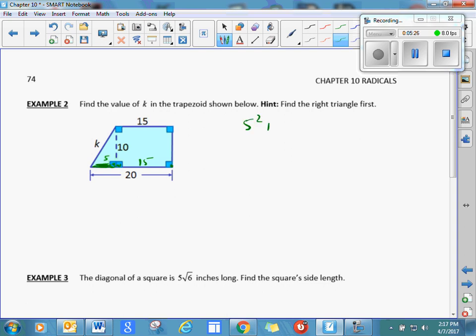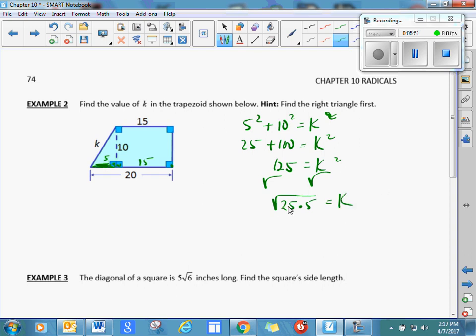So 5 squared plus 10 squared is equal to k squared. 25 plus 100 is equal to k squared. 125 is equal to k squared. Square root, then we get the square root of 125, which happens to be 25 times 5.